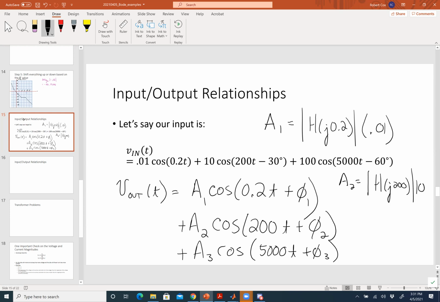And then A3 would be the absolute value of H(j5000), which I multiply times 100. Where are the 0.1, the 0.01, the 10, and the 100?